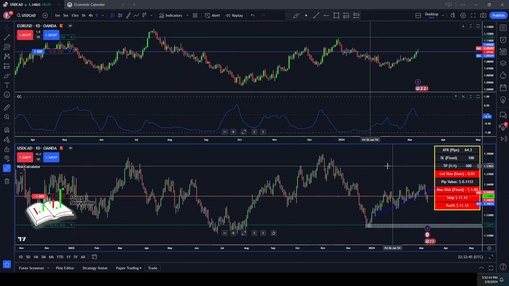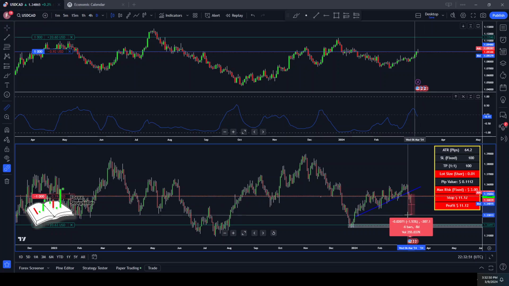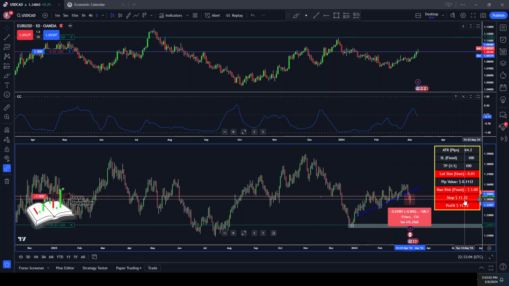There we go. So now we can see that if we're using a 0.01 and we're traveling 100 pips, and we were to measure this out to see where about 100 pips would be, then we would be somewhere right around in here, which might be a potential target, and that would work out to be about $11 for that size.